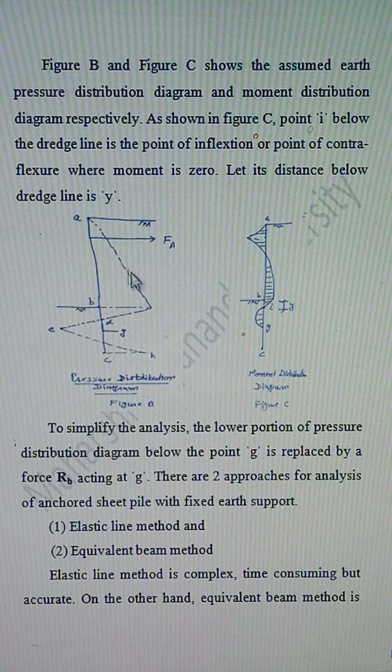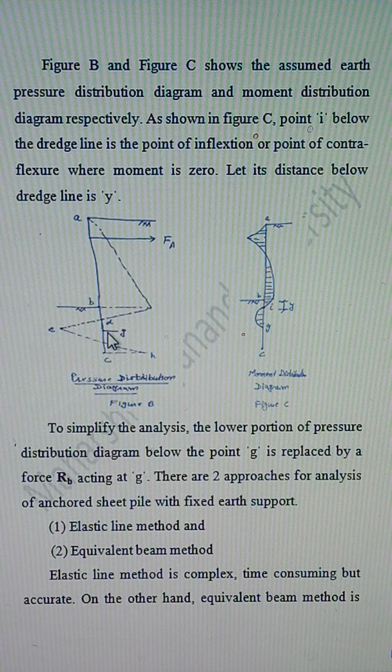As shown in figure B, AB is the height of the sheet pile, C is the point at the bottom, small g is the point of fixity, and small d is the point of zero pressure.